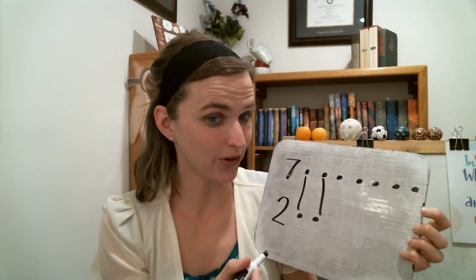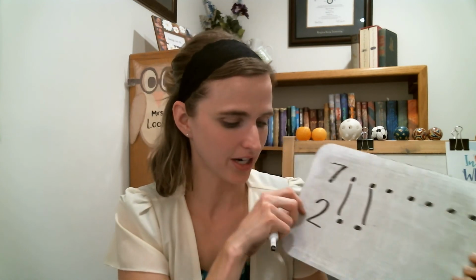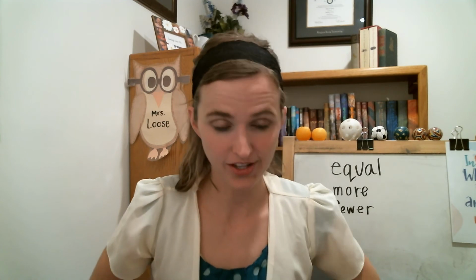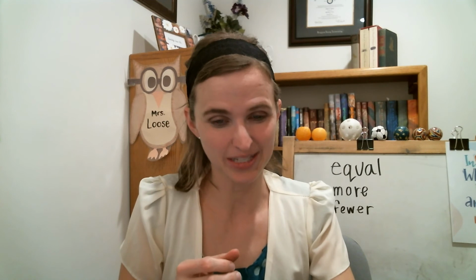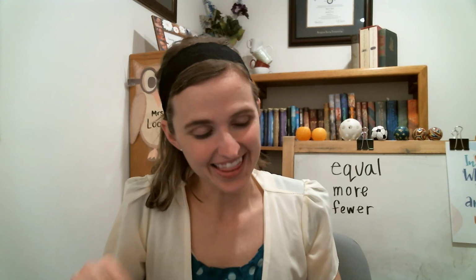They're not equal. This one is greater. This one has more. 7 is more than 2. So, person with the 7 wins. And they get to put it in their pile. You can just keep going as long as you want to, flipping the cards, to see who wins the most cards. And that's how you play I Have Greater.